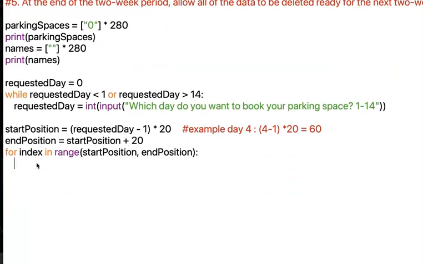And all we do is we say if parking spaces index equals 0, because 0 here is our default, it's empty, it's not been used, then success, we found what we needed to. So we can say here, found a parking space.